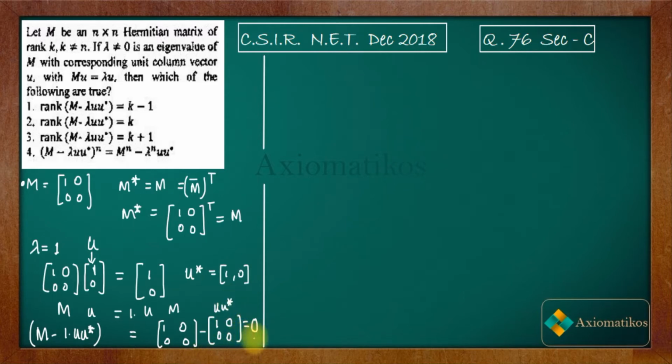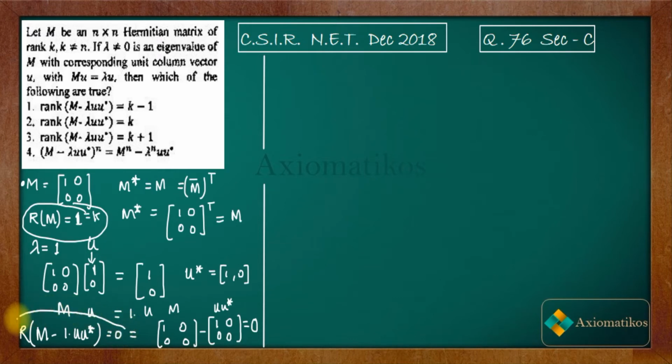Now, what is the rank of a zero matrix? It has rank 0. And what is the rank of the matrix that we have chosen? The rank of this matrix M is 1, and in the question it is given that the rank of M is k. The rank of M minus lambda times u star, because it is a zero matrix, will be 0.